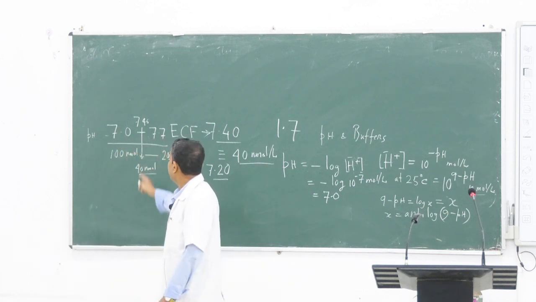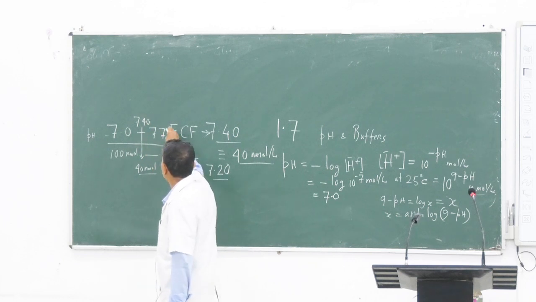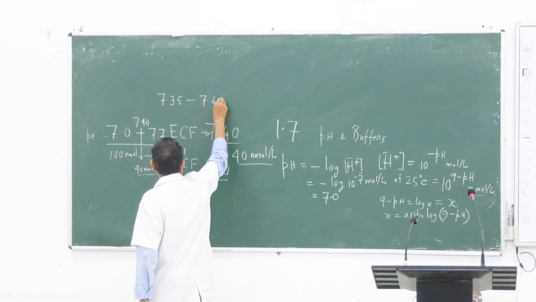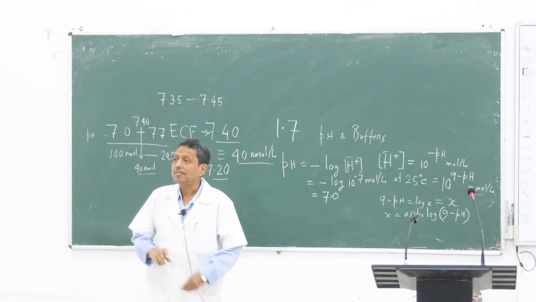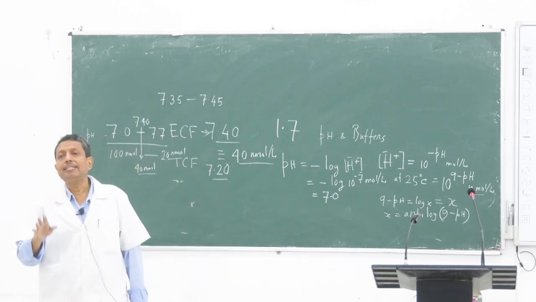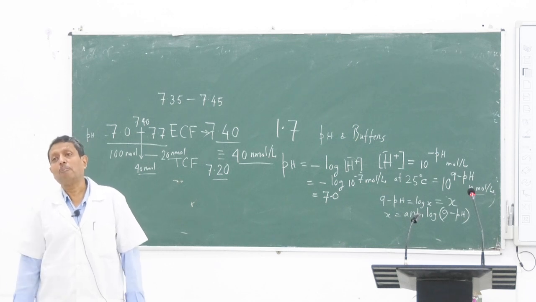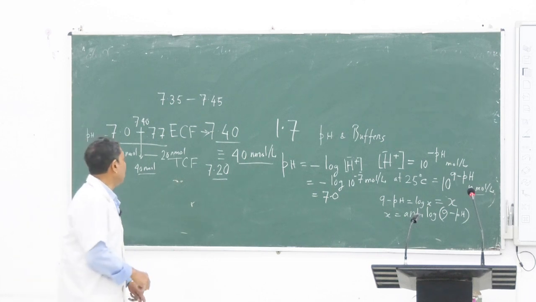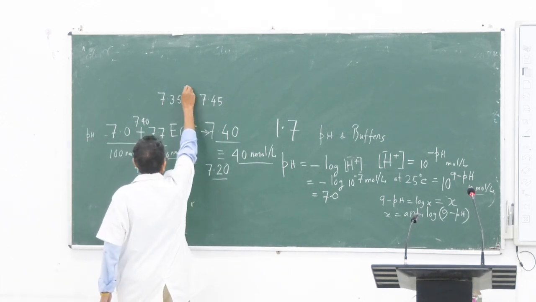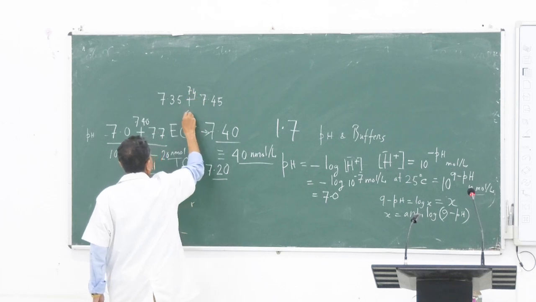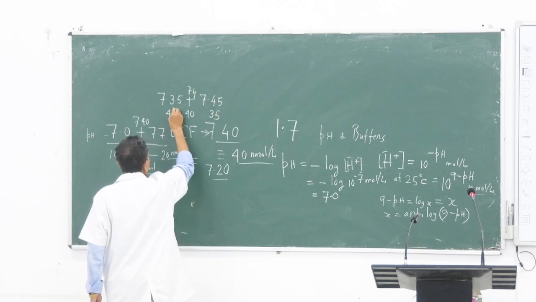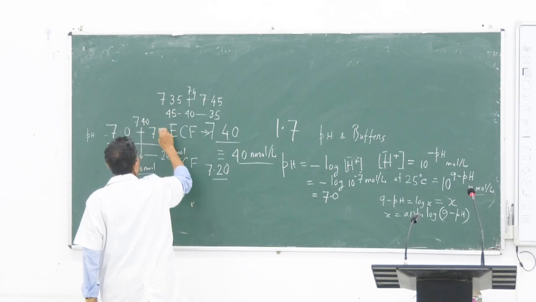But within health, it varies between 7.35 and 7.45, and inversely you can write this in nanomole per liter, taking the middle point as 40 nanomole at 7.4. At pH 7.4, it is 40 nanomole per liter, and in this case it is 35 and in this case it is 45 nanomole.